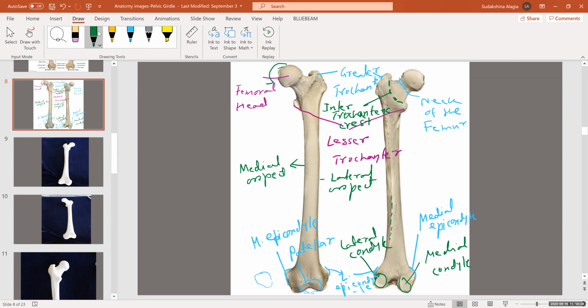There are different parts to the linea, but we are just learning the main structure. Linea aspera right there, see that. Did you get that?